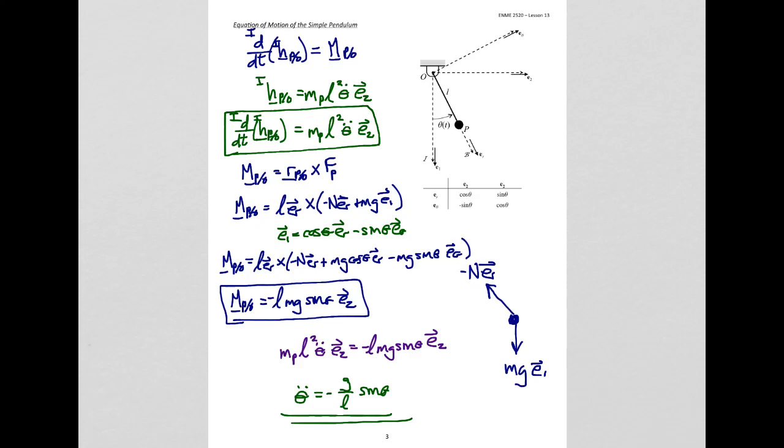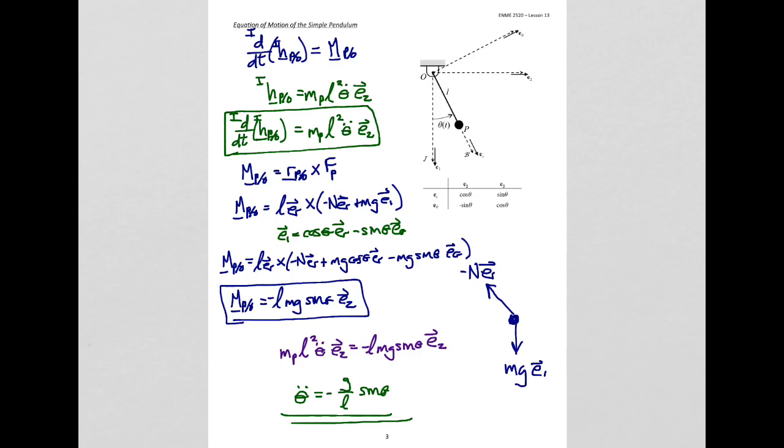But more importantly, look at what we had to use and what we didn't have to use here. Notice that we only got one equation. In the past, oftentimes we've gotten two equations, where one is an equation of motion and the other is a constraint equation. Because of the way that we set this up, our normal force vector was going through the point about which we were calculating our angular momentum, or the time derivative of angular momentum.